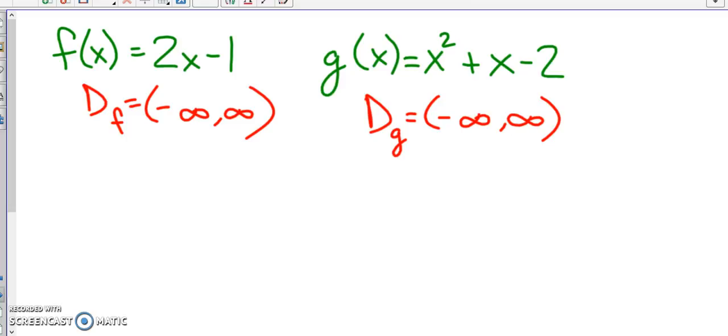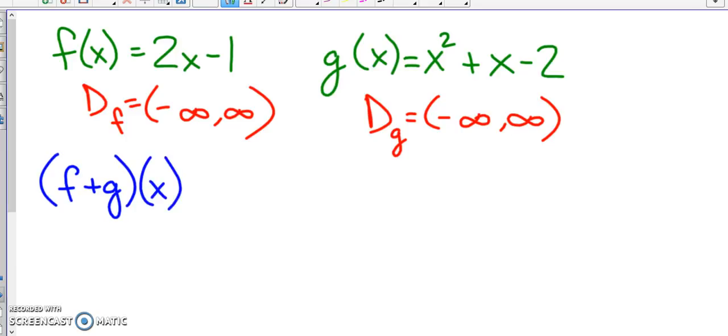So let's figure out what f plus g is. What is f plus g?